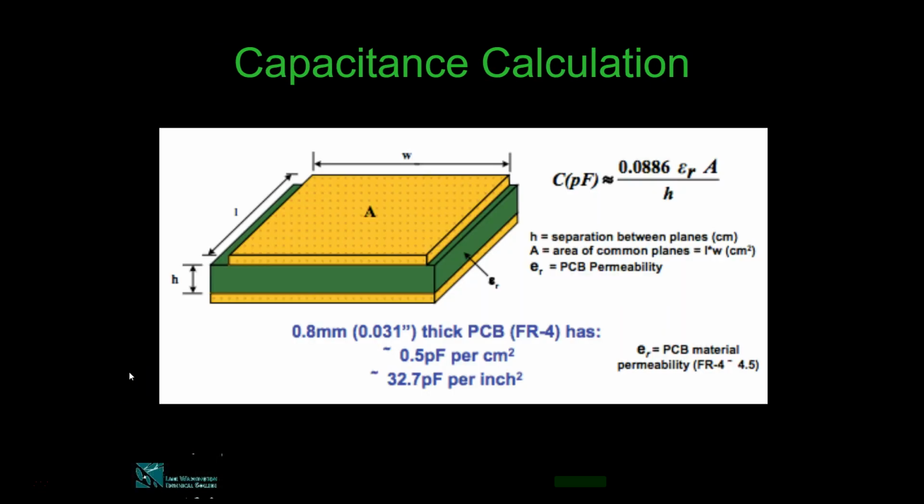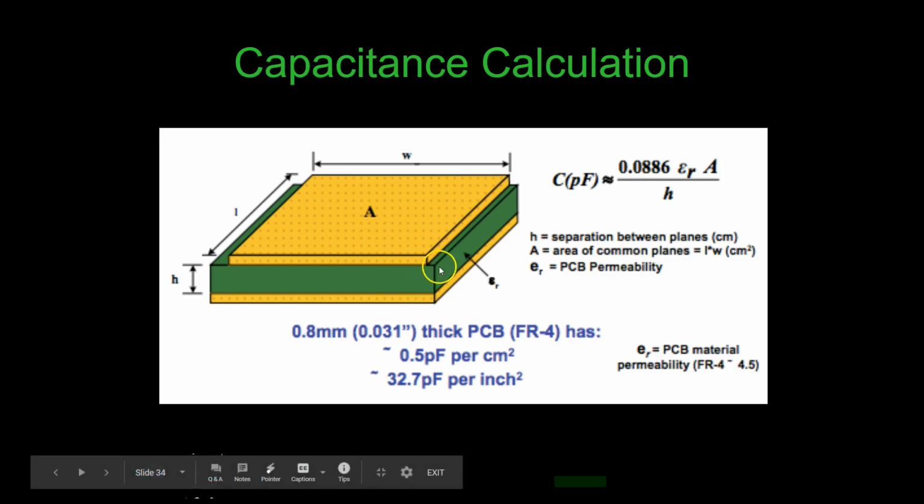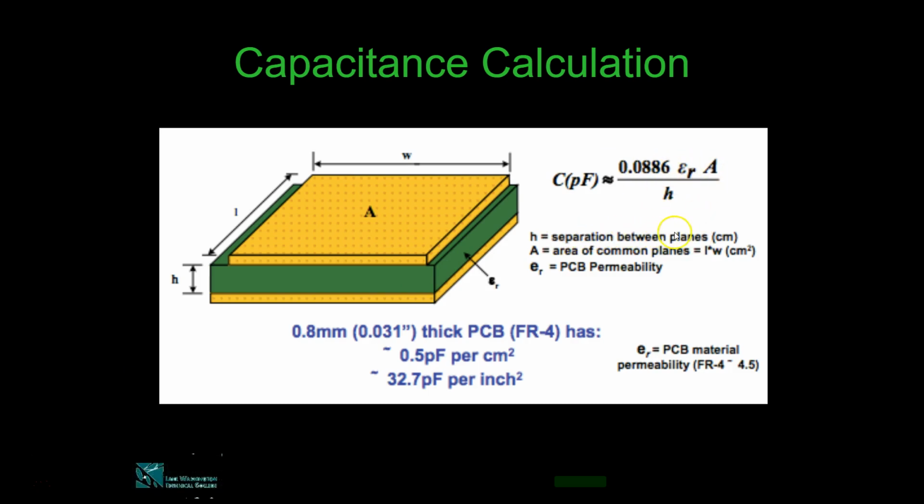Now here, this slide shows how you can calculate the capacitance, and this is the formula you can use, where H is the separation between the planes, and it is represented here. A is the area of common plate, and ER is the permeability.